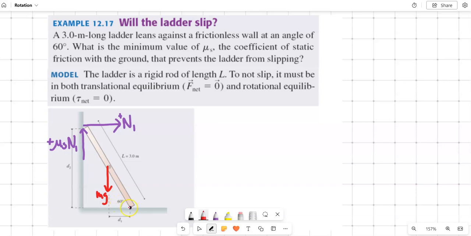Okay, if this were allowed to slip, right here, it would have a normal force up. So we'll call this N2. But if it were allowed to slip, this would be sliding to the right. So that means you have a static friction force pushing it to the left. This is up, which is positive, to the left is negative.